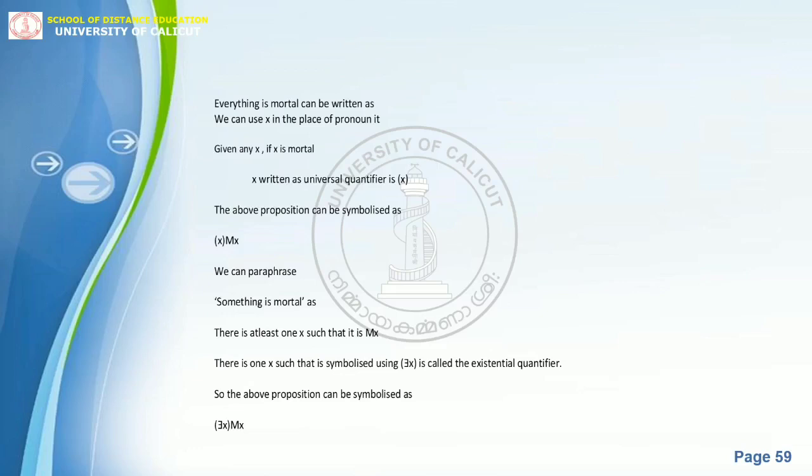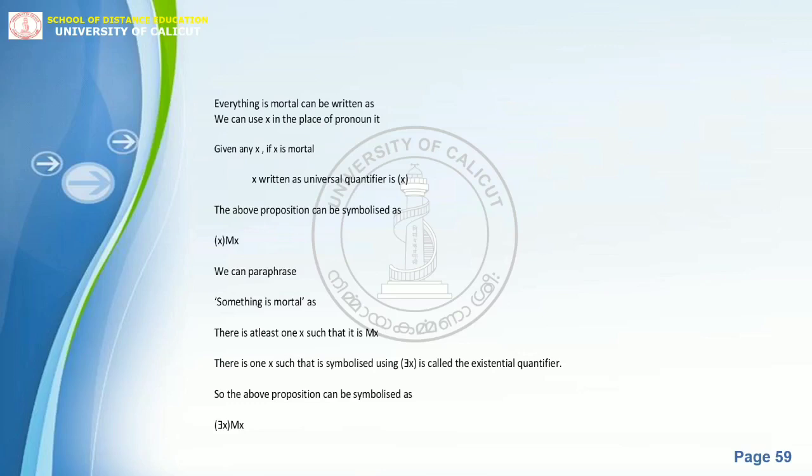Given any x, if x is mortal, then this can be written using a universal quantifier. Here it can be symbolized as (x)Mx. We can paraphrase something is mortal as there is at least one x such that it is Mx. There is one x such that, is symbolized using the existential quantifier, using a special symbol.